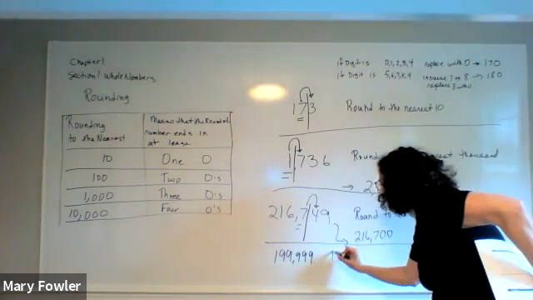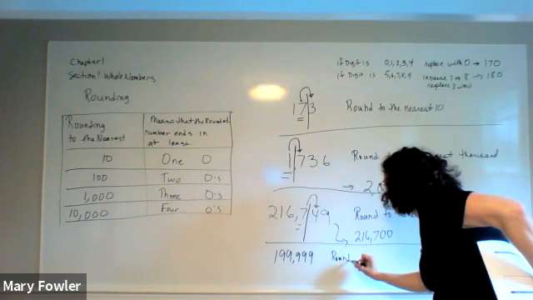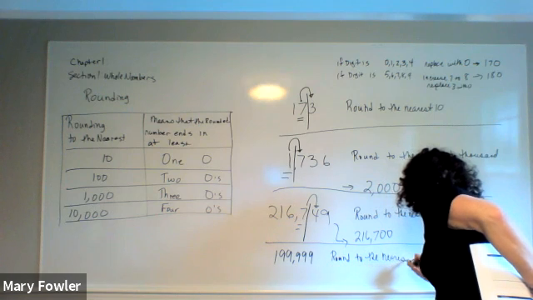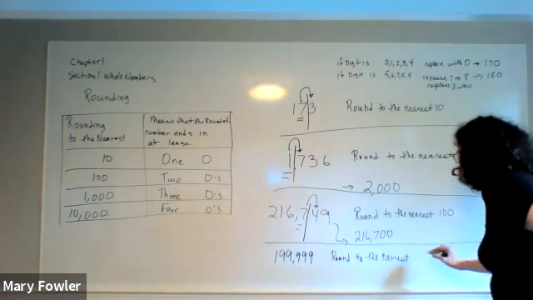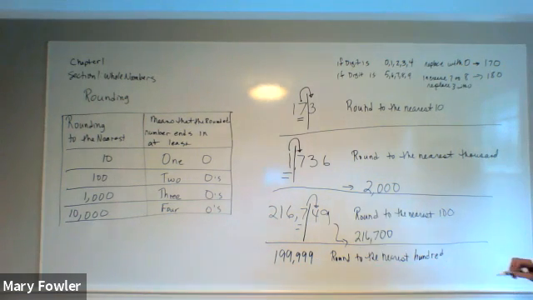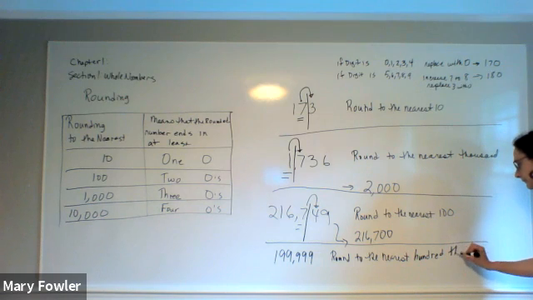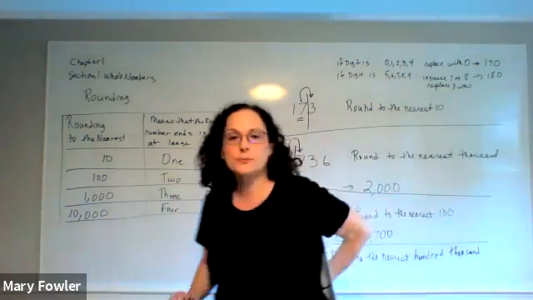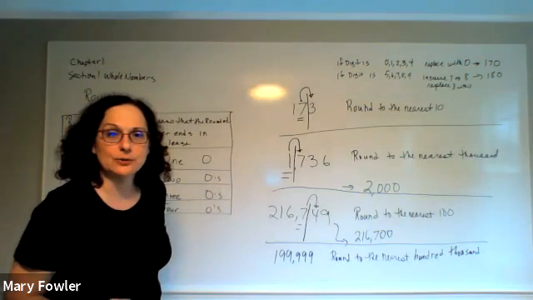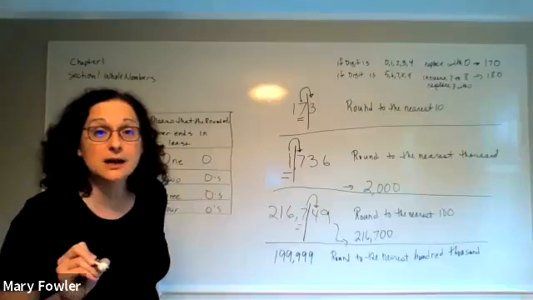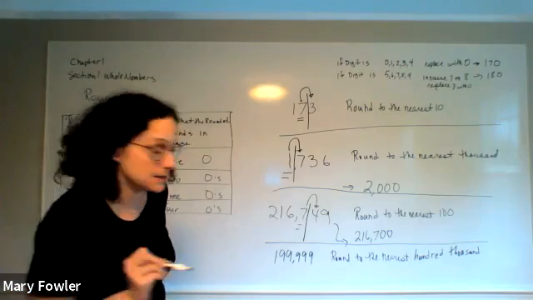Okay, so I want to round to the nearest 100,000. So our procedure is to come over to the number and put 2 lines underneath the digit that's in the 100,000 place.